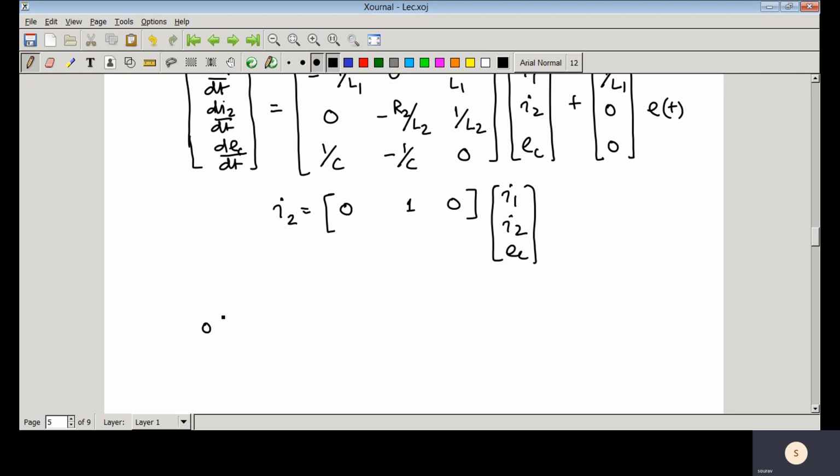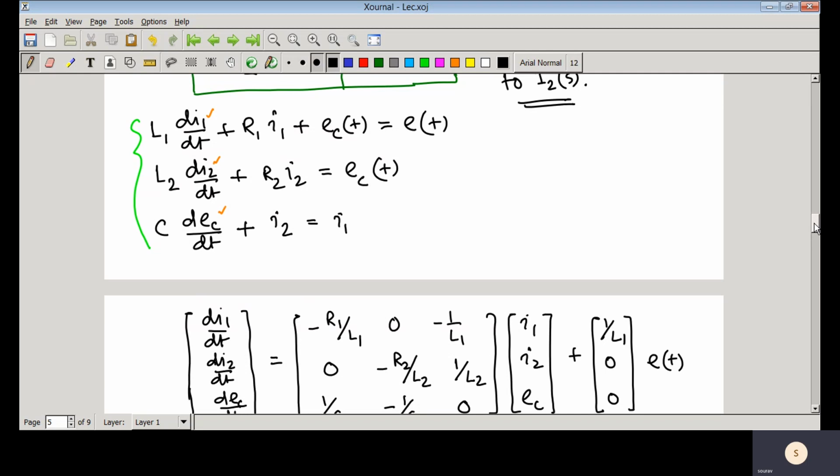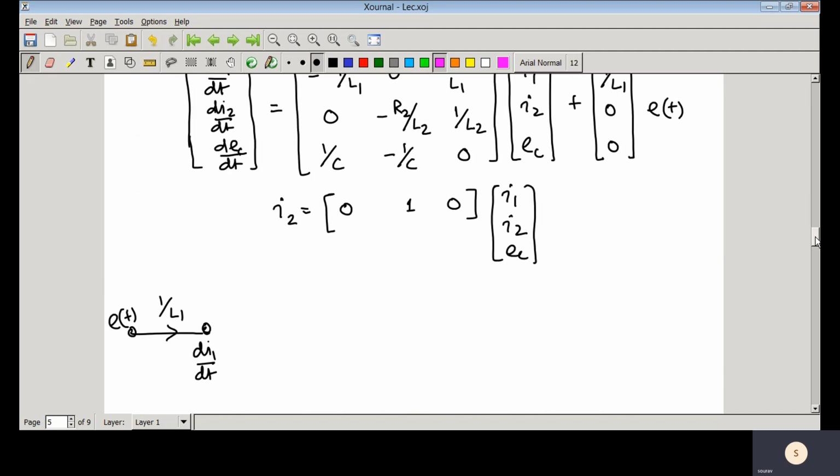Here is one node, 1 by L1, and the input is E(t), and this node is actually dI1/dt, I1 dot.